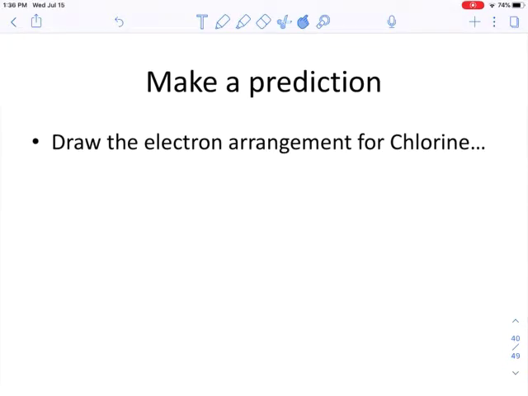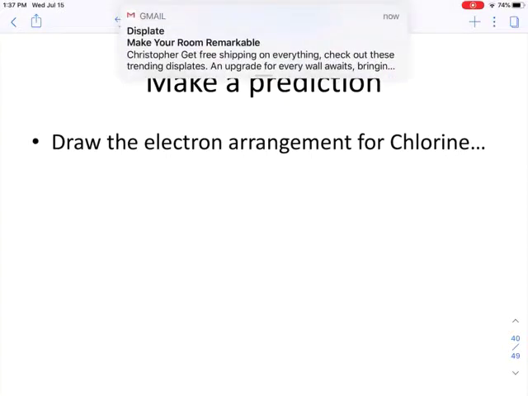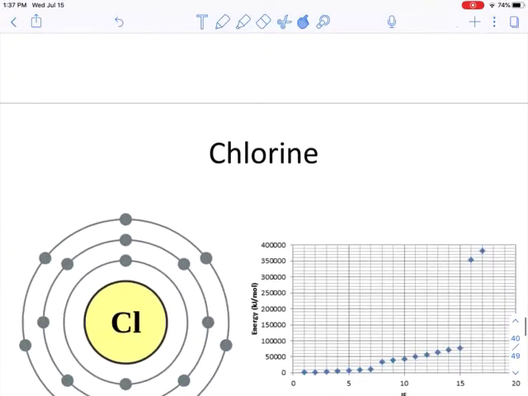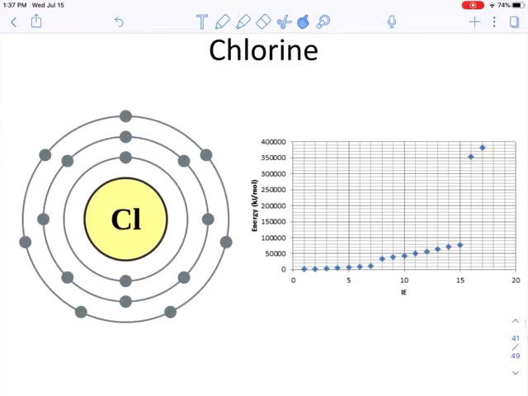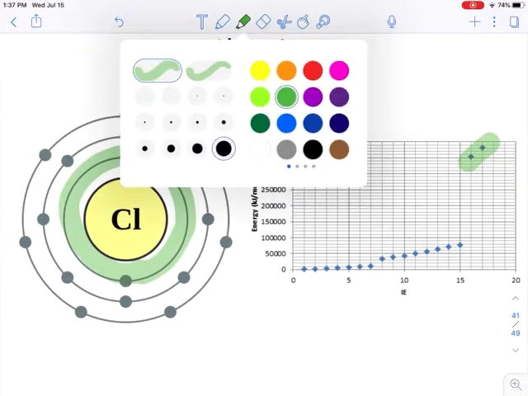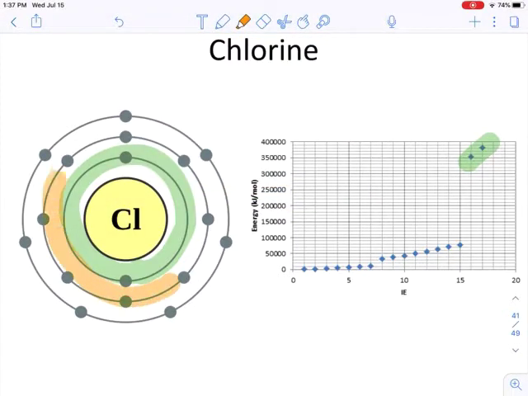So we see a shell model. Take a moment, pause the video. What do you think the electron arrangement for chlorine is going to look like? Find chlorine on the periodic table. Pause it and give it a look. All right, I'm assuming you're back. Here's chlorine. There are 17 electrons for chlorine, but they are going to be fit into the first shell, which has 2, and then a second shell, which has up to 8 in it.